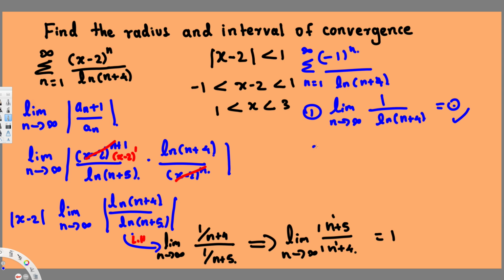Let's take this one, 1 over ln(n plus 4), and you can see as the n value increases, this ln value is going to increase. So as the denominator increases, the whole value is going to be decreasing, right? Because we are dividing by bigger values. So this is definitely decreasing.